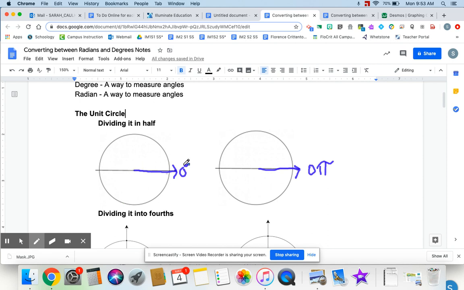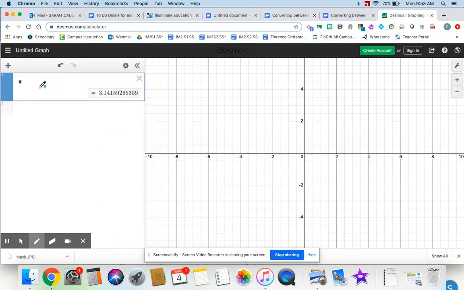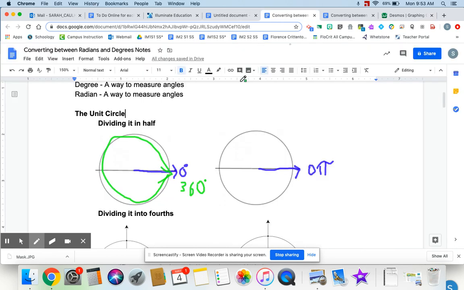And then if I take my line and I go to half of a circle, remember the full circle, if I took it and went all the way around the circle and ended up back here, I would have 360 degrees. So if I cut that in half for half of a circle, I get 180 degrees.